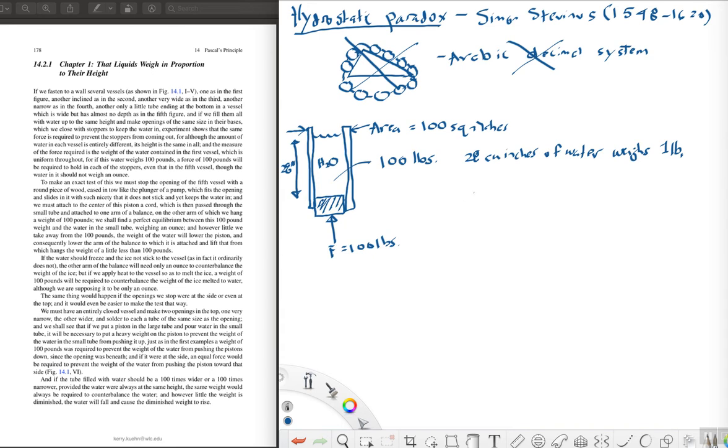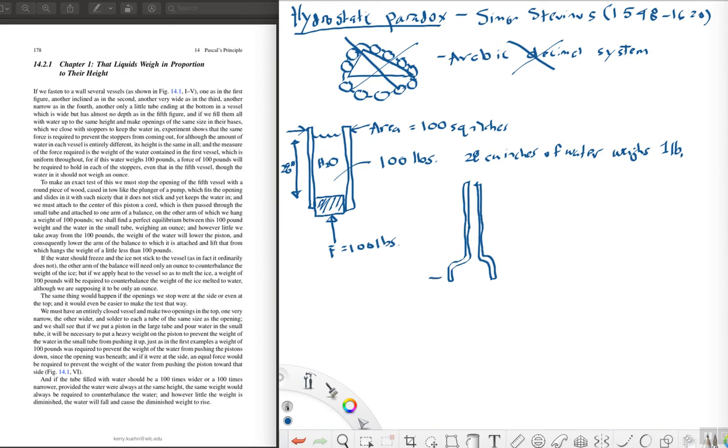Here is the interesting thing. Here's where I'm going to introduce the paradox. Let's suppose now that we had, instead of this wide tube, a very narrow tube that opens up into a wide region on the bottom. So here we have a very narrow tube like this. And again, this is a cylinder. You have to think about this as being cylindrical.